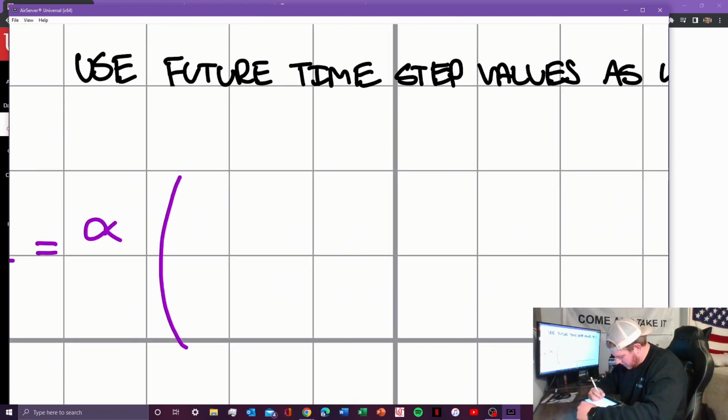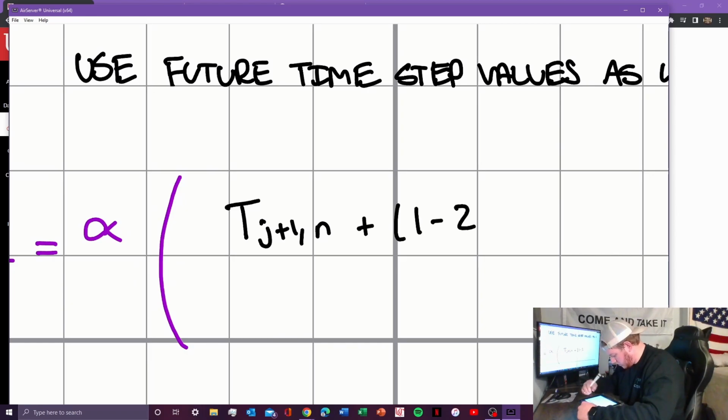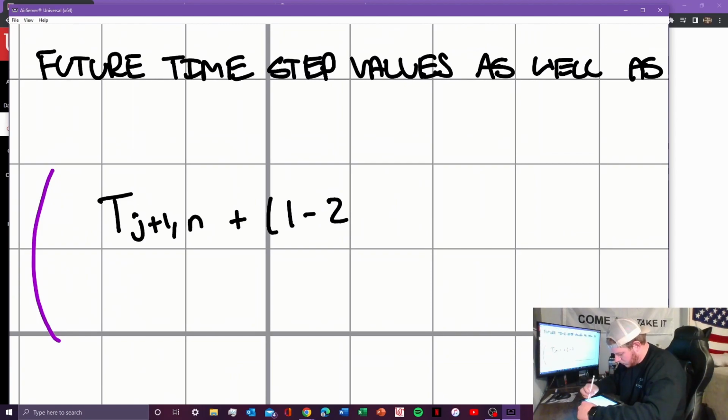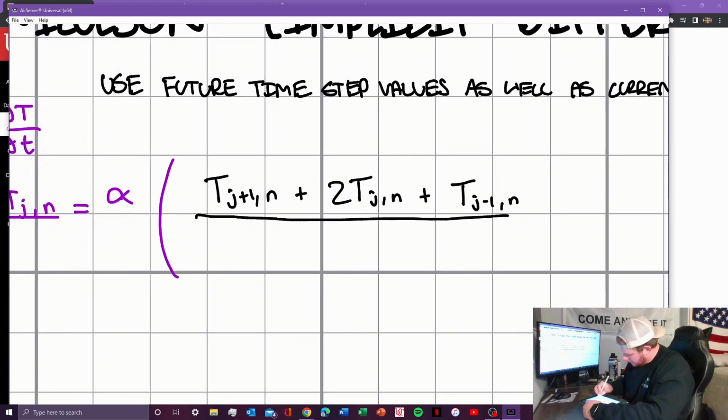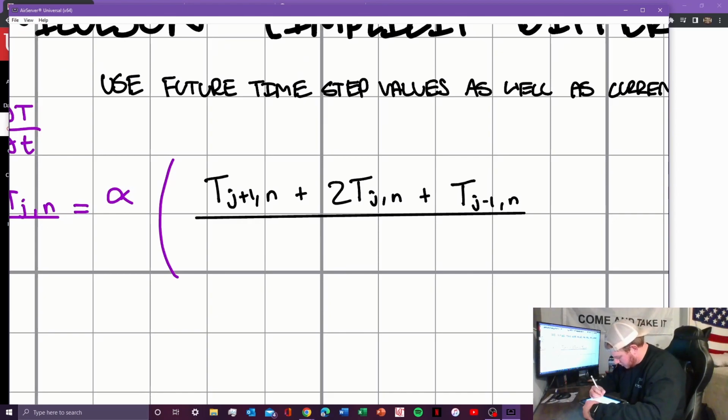So we already know that we have this. We have T(j+1, n+1) minus 2 T(j, n) plus T(j-1, n) all over dx squared.